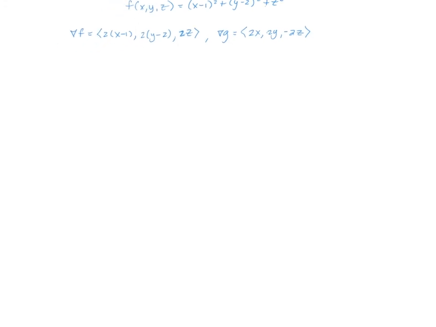And setting it equal to a lambda times it gives me the equation 2 times x minus 1 equal to 2 lambda x. 2 times y minus 2 is equal to 2 lambda y, and 2z equal to negative 2 lambda z.